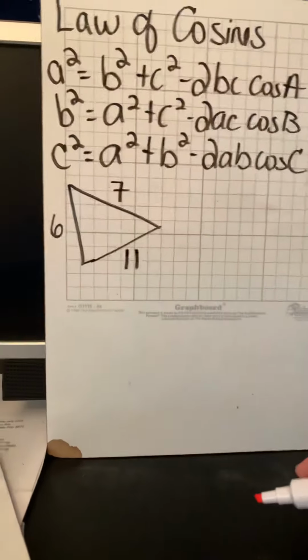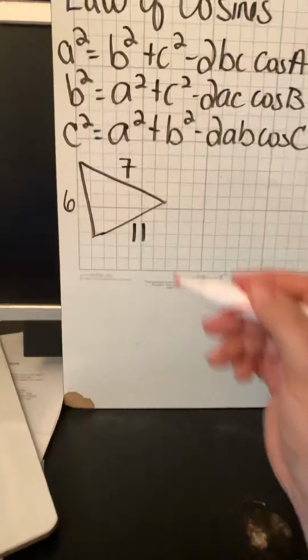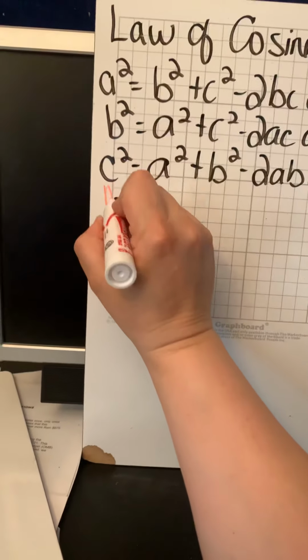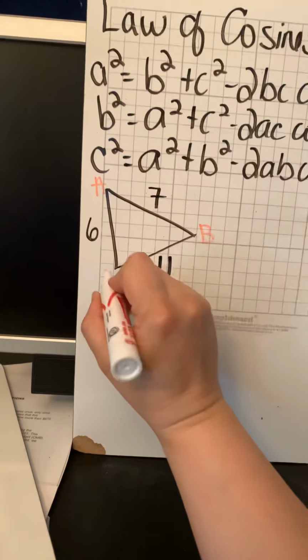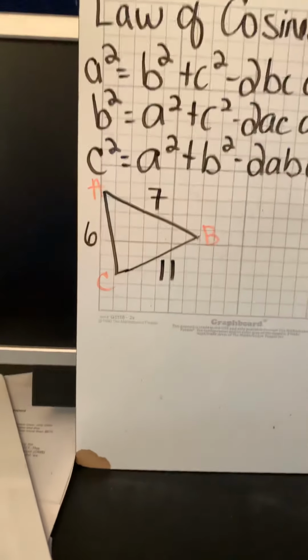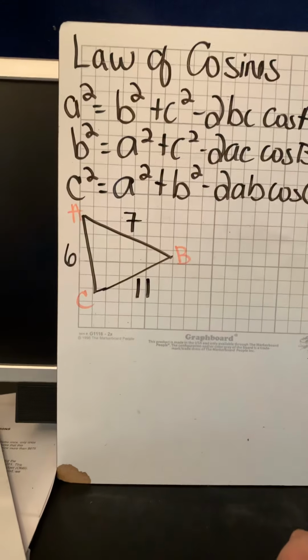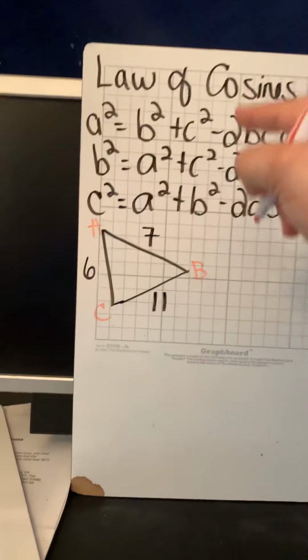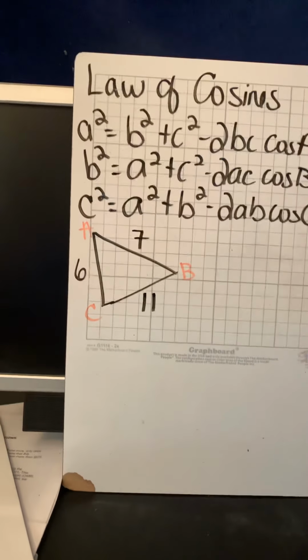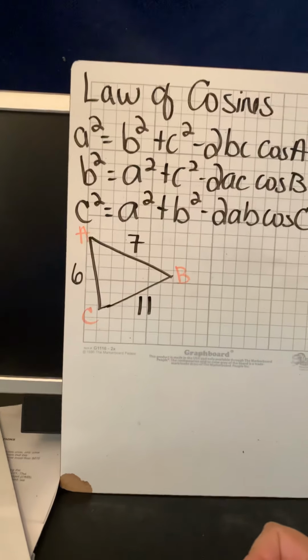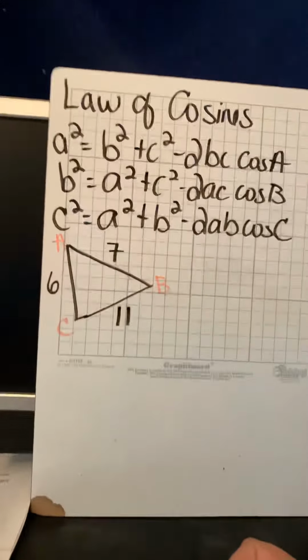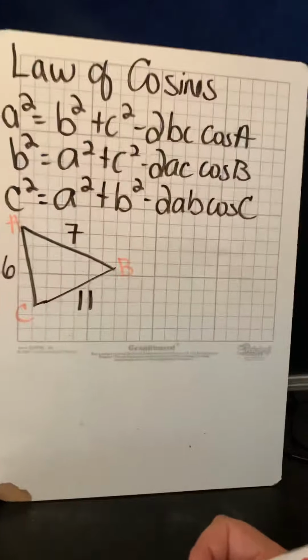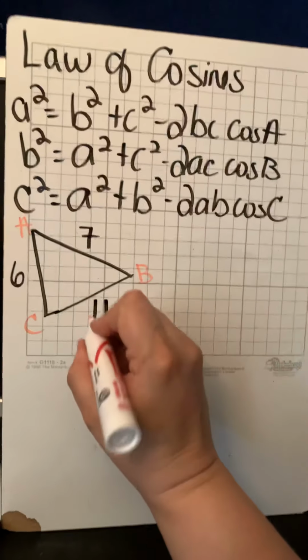Okay, so if they give you a triangle, label A, B, C. Just go ahead and label right across. It doesn't matter which one you start with, because every single one we're looking for our bigs. I'm going to start with, let's just start with an A. And again, if you have to, label it.